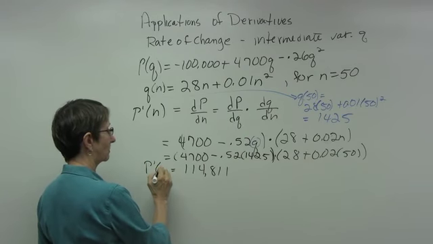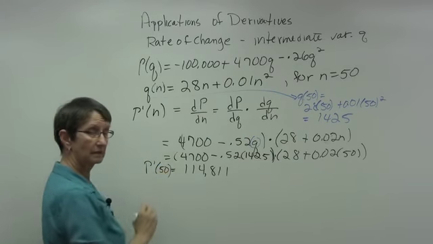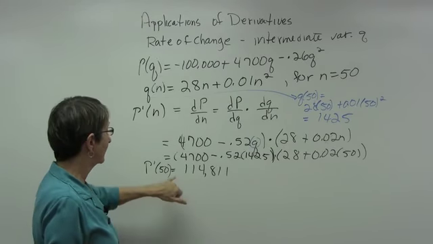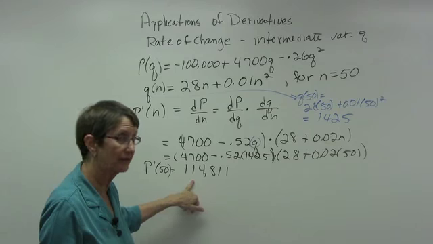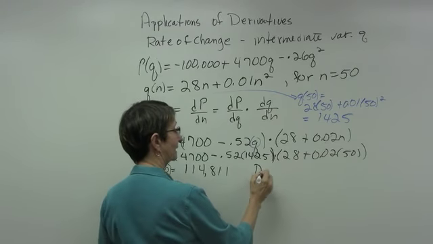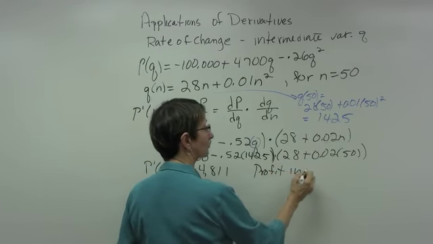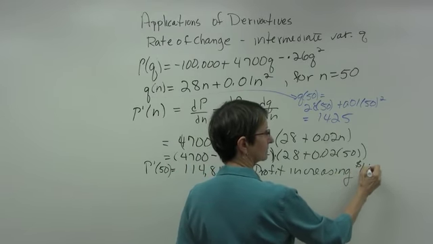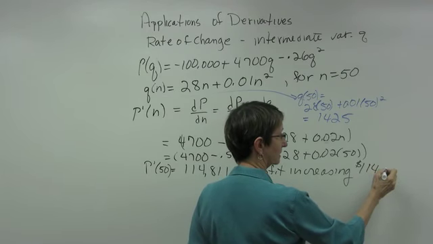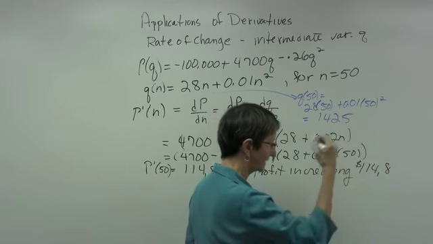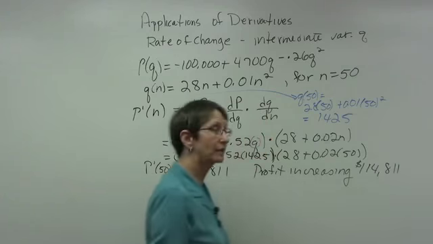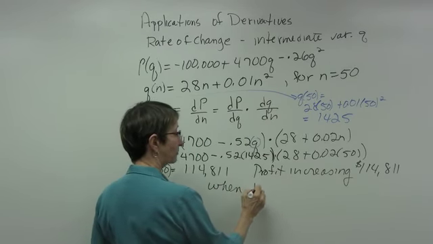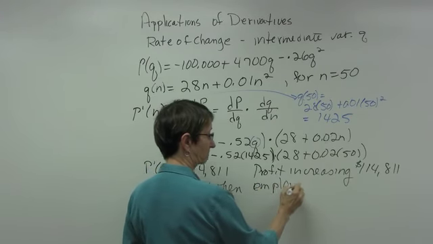That's what P prime of 50 is. If I have 50 employees, then my profit is increasing $114,811 when employees number 50.